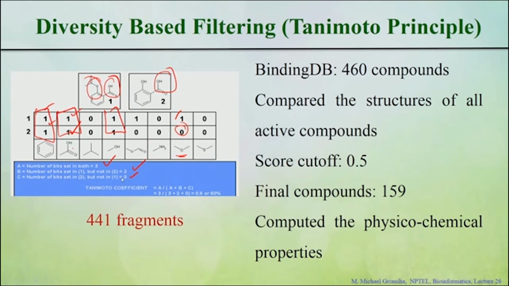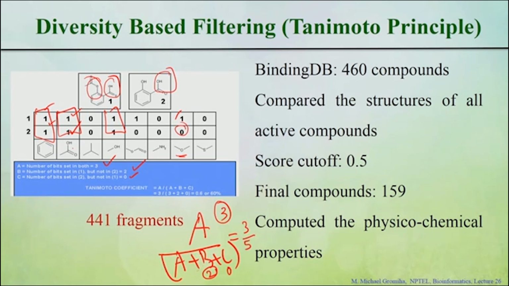If this is the case, you can calculate the Tanimoto coefficient using the equation A by A plus B plus C, right. So, A equal to 3, B equal to 2, C equal to 0. So, in this case this equals 3 by 5, 3 plus 2, right, this equals 60% or 0.6, right.